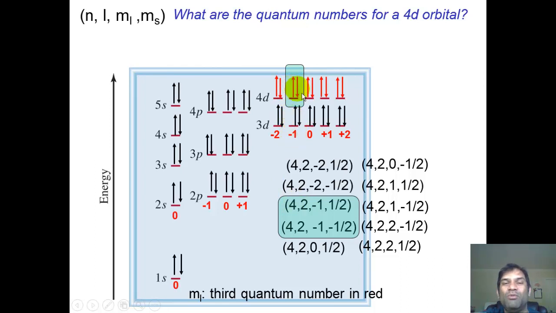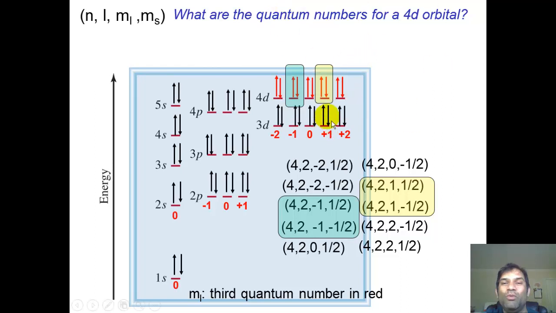The next one would be 4, 2, -1, -1/2. How about the center one? It's going to be 4, the principal quantum number. 2 is l, because l equals 2. That's how we designate a d orbital. And it's located in position 0 of the third quantum number. It's +1/2. Its pair would be 4, 2, 0, -1/2 spin down.